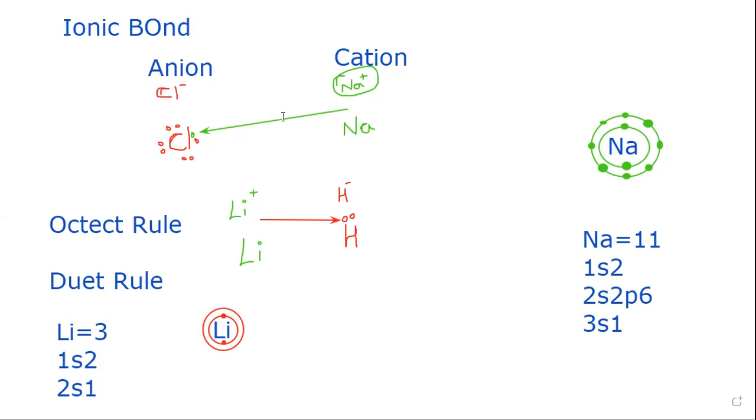Metals always donate electrons. They want to get rid of electrons because for them it's easier to get 8 by releasing the few electrons that they have in their last energy level. And then they stay with the second to last, which always has 8 electrons, all right?